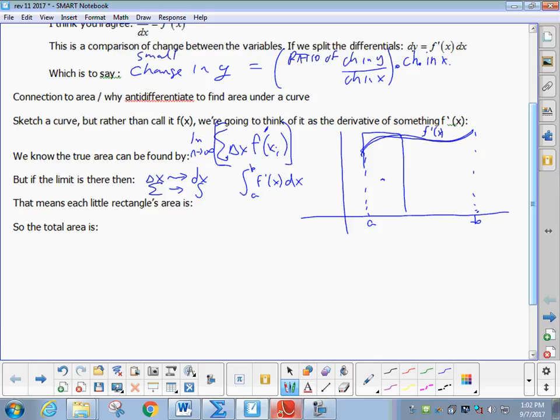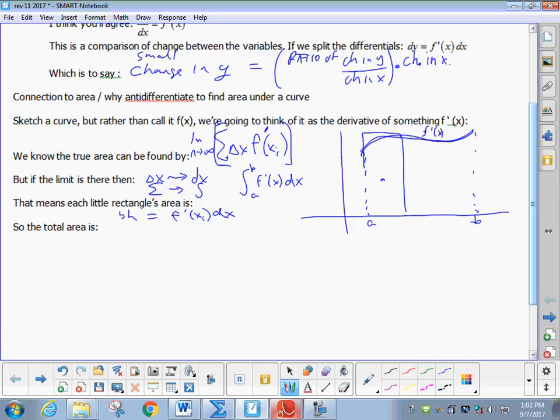This area here. Each little tiny area is a base times height, the base of which is this dx, and the height, actually I'm going to reverse the order, the height of each of these is f prime at some point, and the base of each is dx.